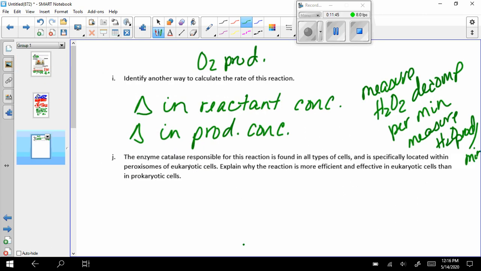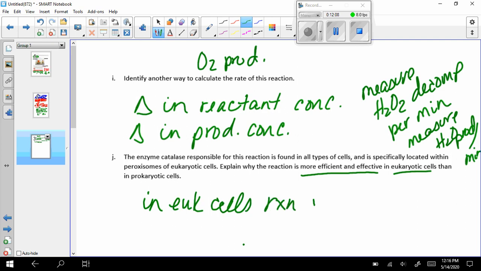Okay, the enzyme catalase responsible for this reaction is found in all types of cells and is specifically located within peroxisomes of eukaryotic cells. Explain why the reaction is more efficient and effective in eukaryotic cells than in prokaryotic cells. Okay, so in a eukaryotic cell, reactions are compartmentalized.